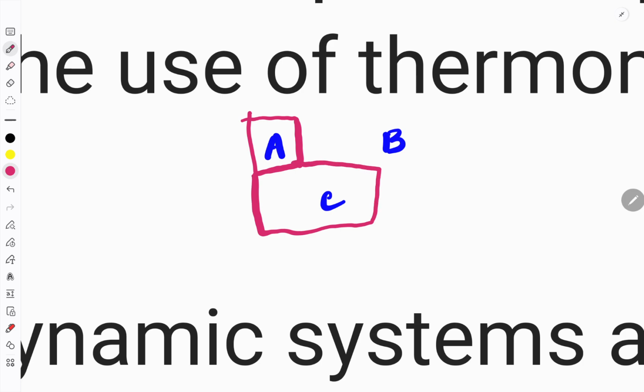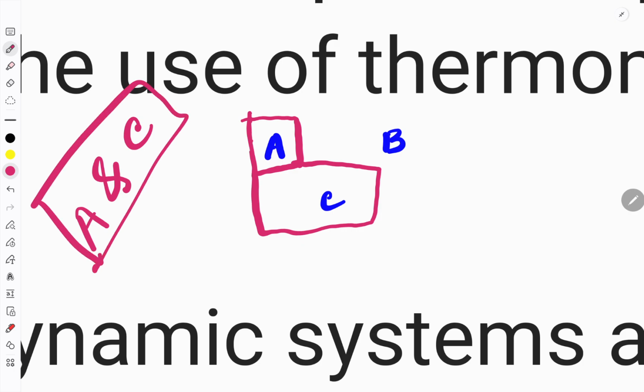And if they are connected by some, let's say, thermal property, and their temperature is the same, meaning the temperature of A and the temperature of C are both the same, that means there is thermal equilibrium, okay, because they have the same temperature.